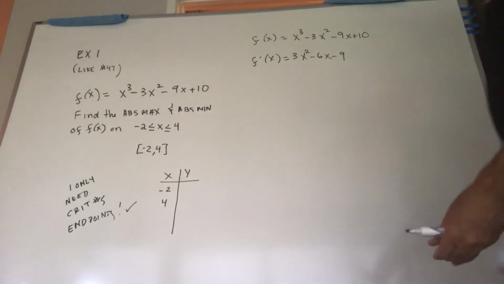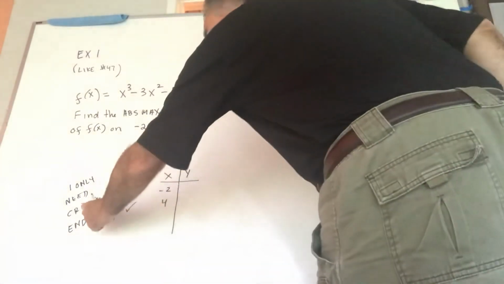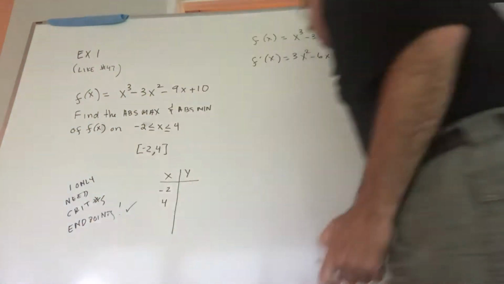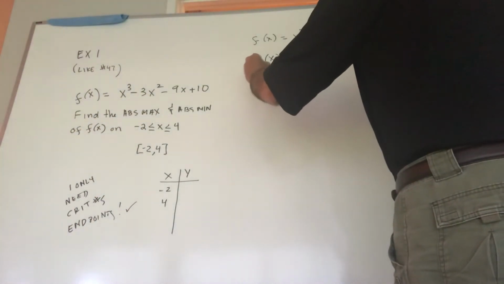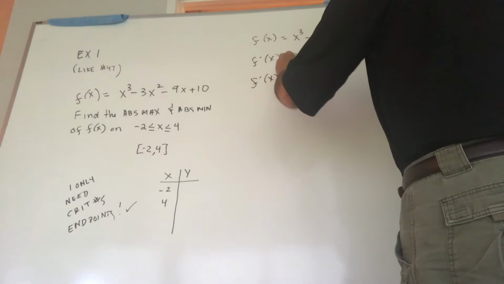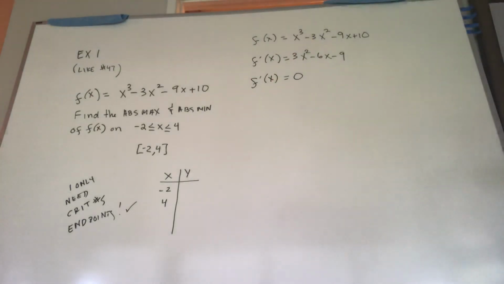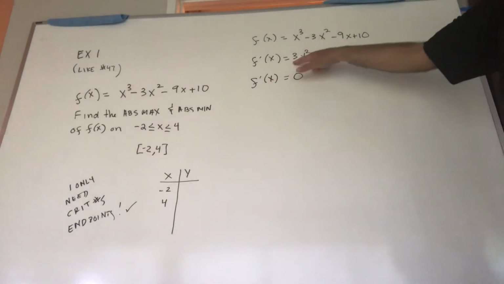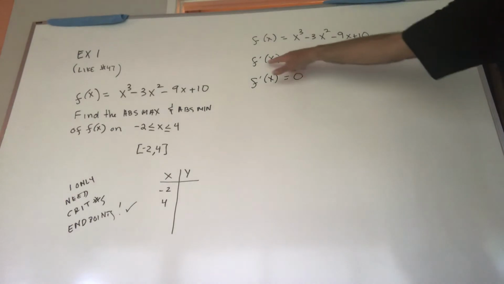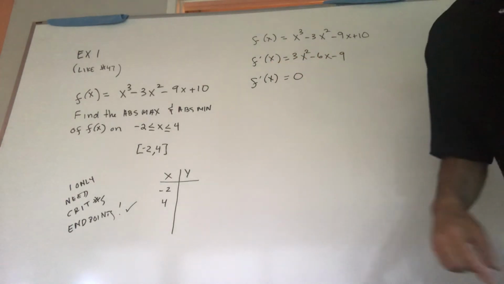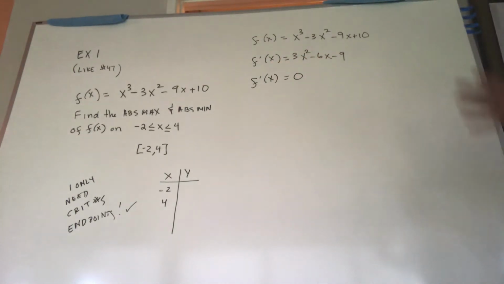So now that I have the derivative, 3x squared minus 6x minus 9, I have to find what's called the critical numbers, and that is when the derivative is 0 or undefined. Why did I just write 0? Because notice this derivative is never going to be undefined. The only thing we have to worry about is dividing by 0, so don't worry about that.